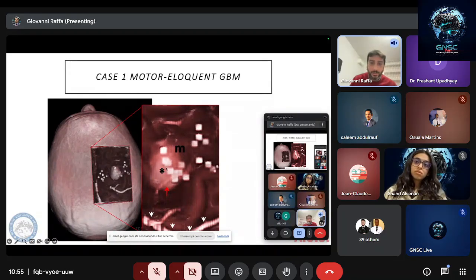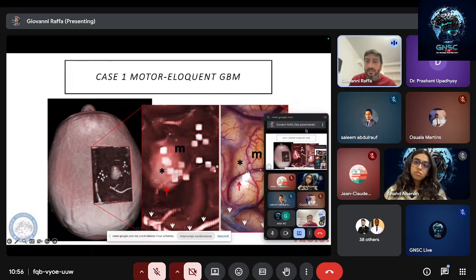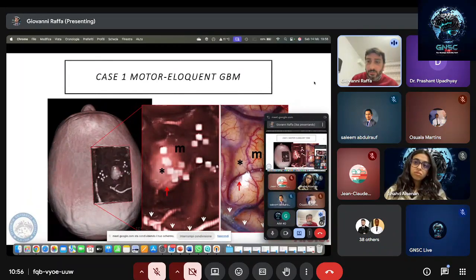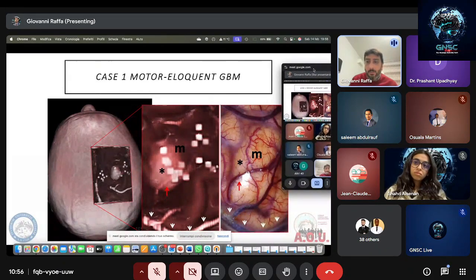You can see here the lesion in white, indicated by the asterisk, the white spots that are the NTMS spots, the motor cortex represented by the letter M. And this is what we observed during surgery. Take a look at how accurate it is. You can see the same huge venous vessel here posteriorly. You can see this small, tiny vessel here. You can see the motor cortex. The asterisk corresponds to the lesion.